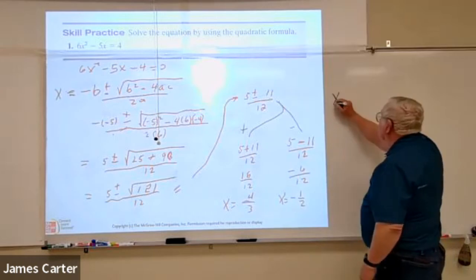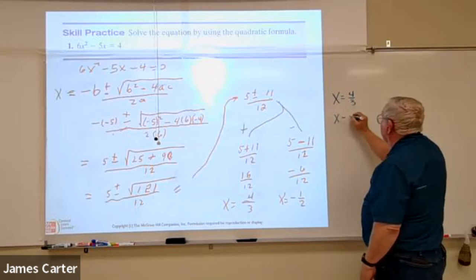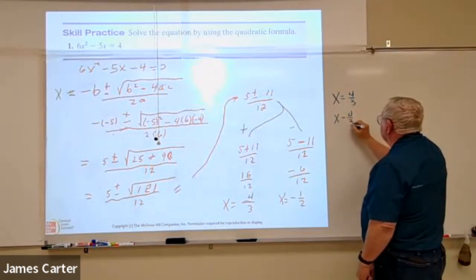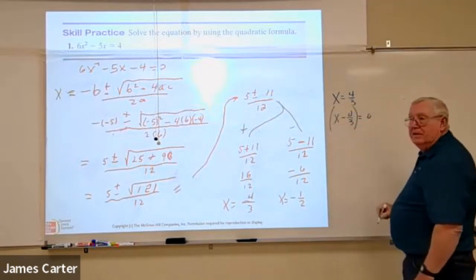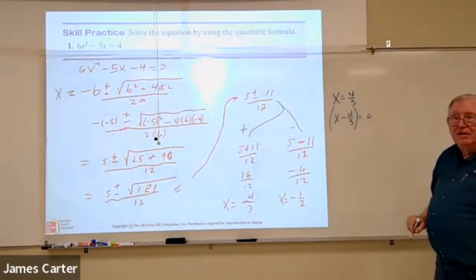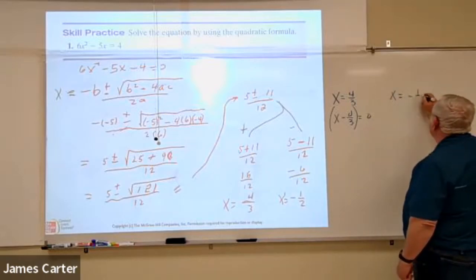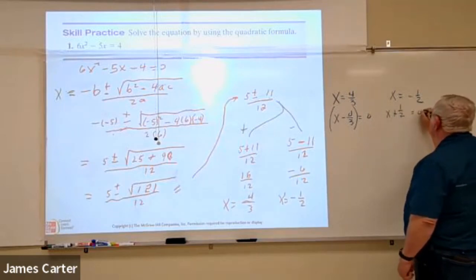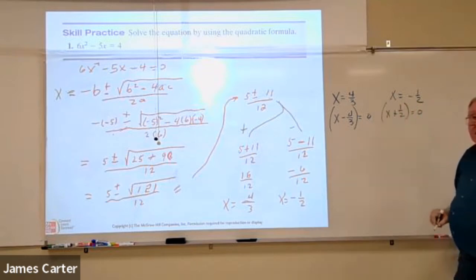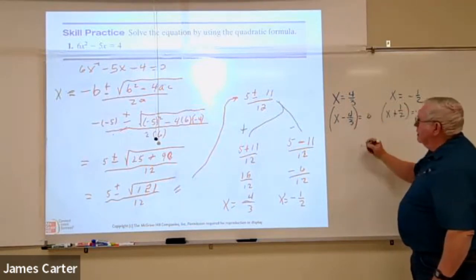If x equals 4/3, then x minus 4/3 equals 0, right? That's a factor. If x equals -1/2, then x plus 1/2 equals 0. That's a factor. Now, if you truly factored it, you would have a different answer than these two.